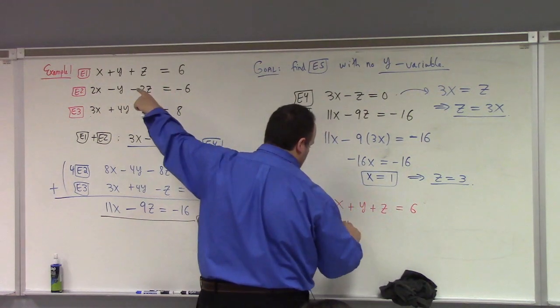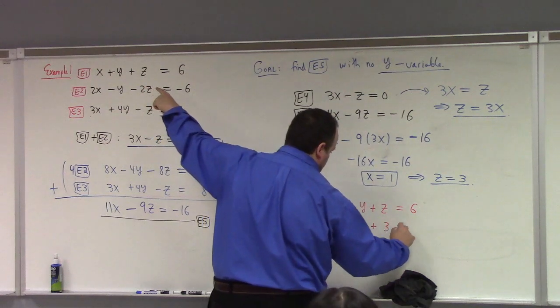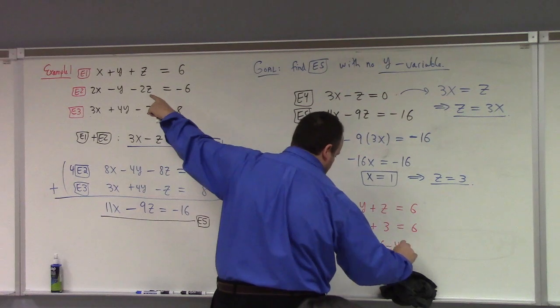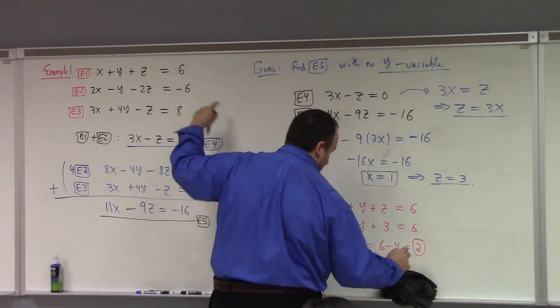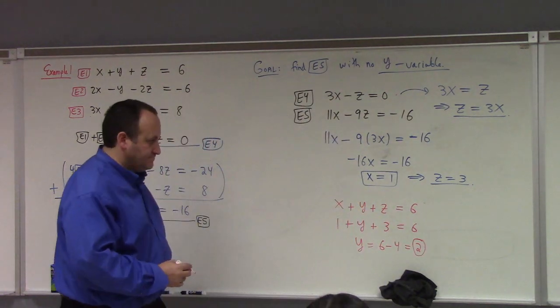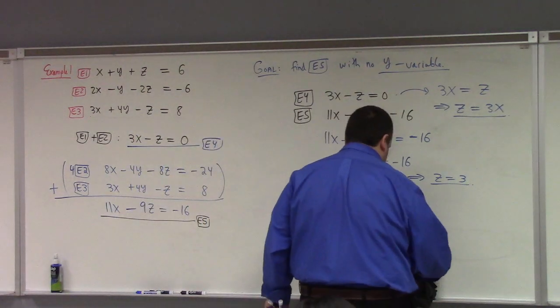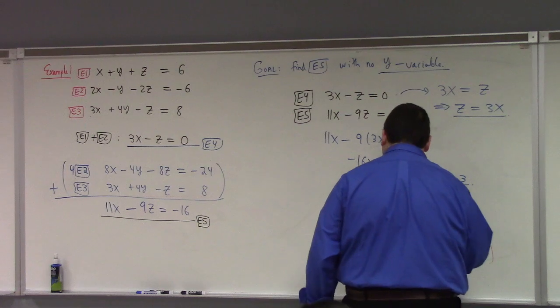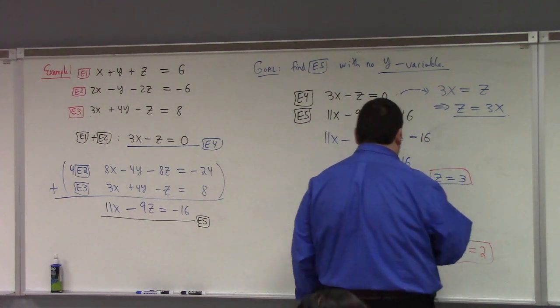So we plug in the 1, we plug in the 3, we get y equals 6 minus 4, which is 2. Right? So y equals 2, z equals 3, x equals 1.